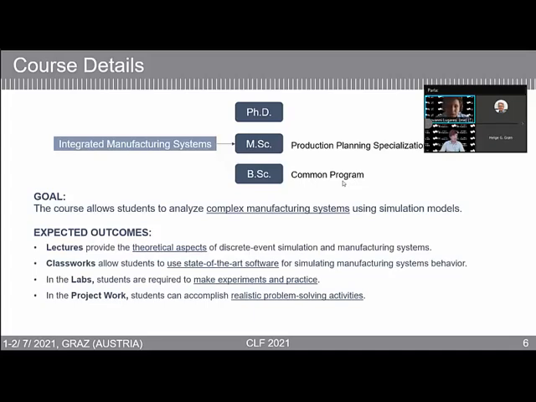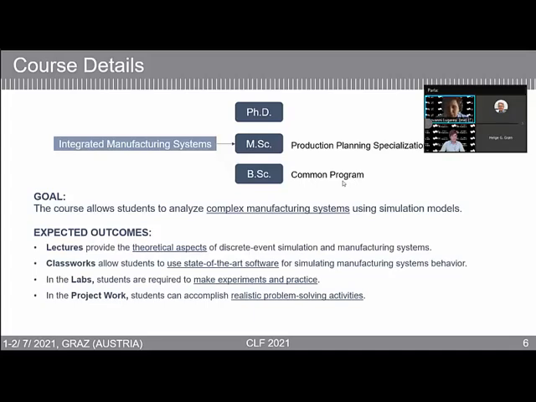Within the laboratories, the students are also asked to perform a project work in which they are given a realistic instance of a problem, and they can work in a group and try to solve a realistic industrial problem. The project work takes around 50% of the effort required in the course.